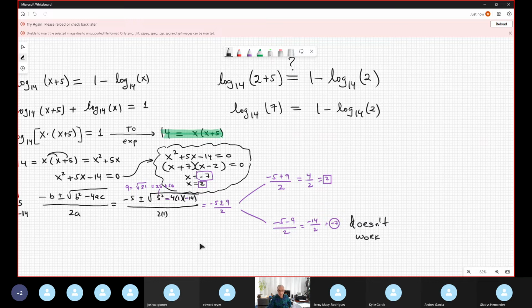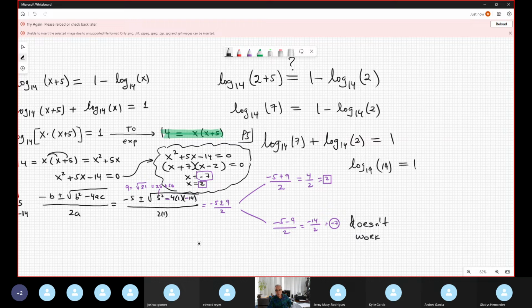Okay, I propose one idea. Look, I'm moving again, similar to what we were doing at the beginning. Logarithm base 14 of 7 plus, I move the same logarithm to the same side, equal 1. And why not condense, using property number 5? So logarithm base 14 of 7 times 2, multiplication, is 14.